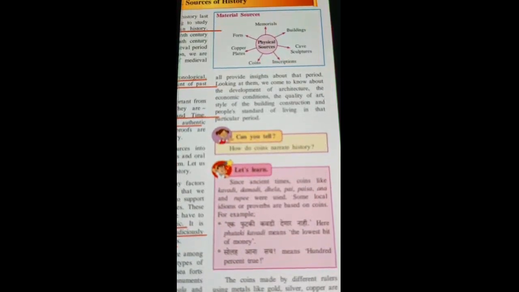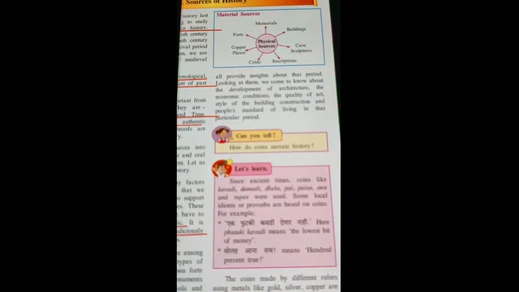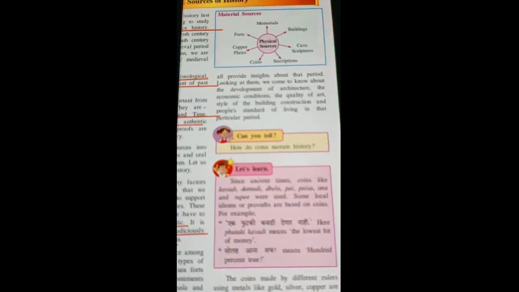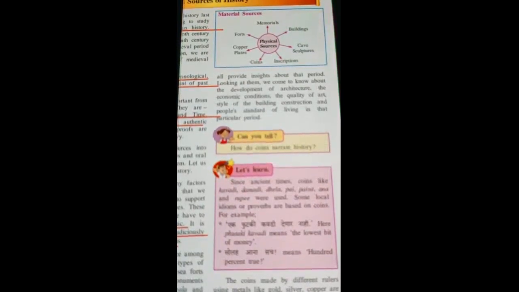Monuments, virgalas, etc. The coins made by different rulers using metals like gold, silver, copper are important sources of history.